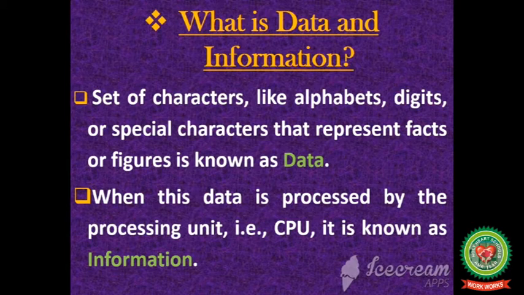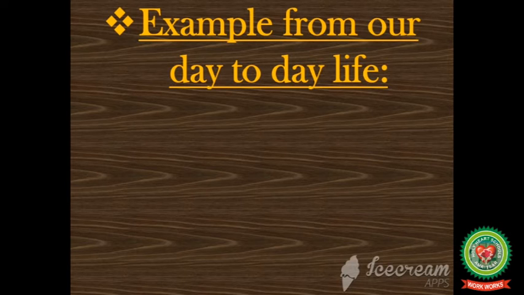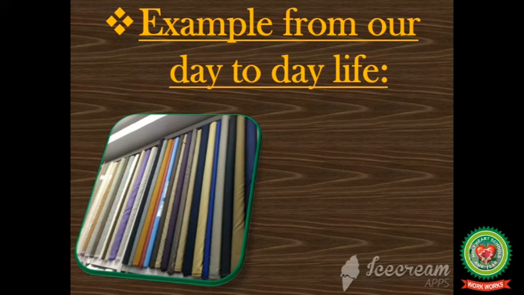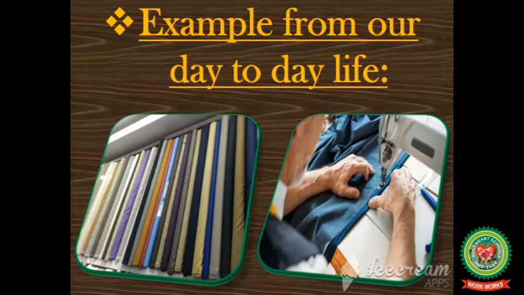To understand this topic, let's consider an example from our day-to-day life. Students, suppose your father has bought cloth from the market and gave it to the tailor to stitch a kurta pajama out of it. So in this example, the cloth can be considered as data and kurta pajama can be considered as information.